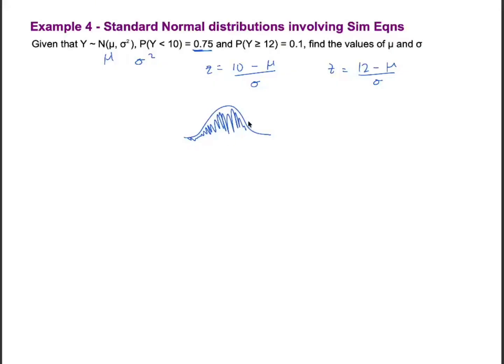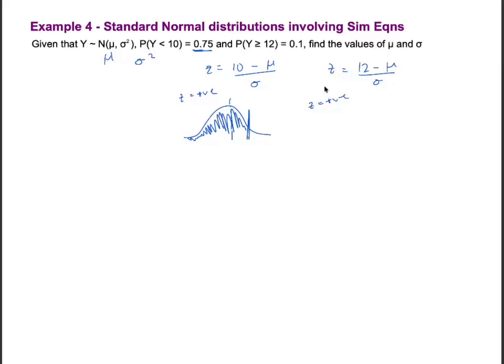That is going to be more than the mean, the center, which means that here our z is positive. The y value of 10 gives us a positive z, which means mu is less than 10. And since mu is less than 10, then mu is obviously less than 12 as well. That means even here the z is positive.